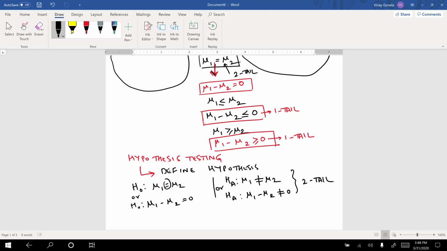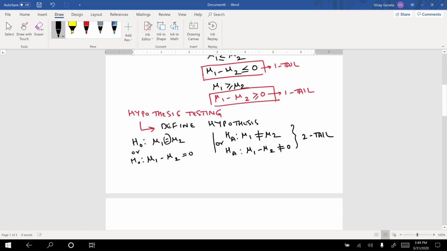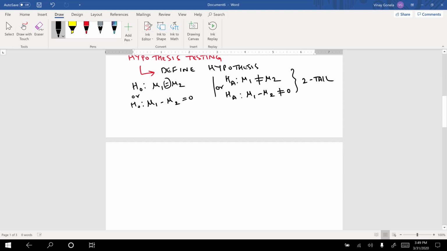So we are trying to say that both the city 1 and city 2's population are equal. That's why we can disprove our null hypothesis if one city's weight is less than or more than the other city. So this is two-tail. The other situation that can happen in our hypothesis is a one-tail problem.